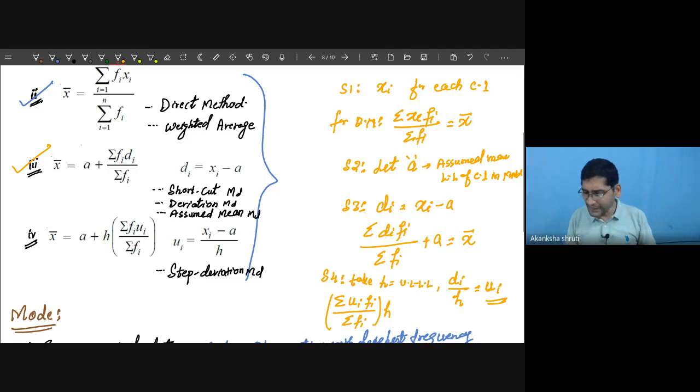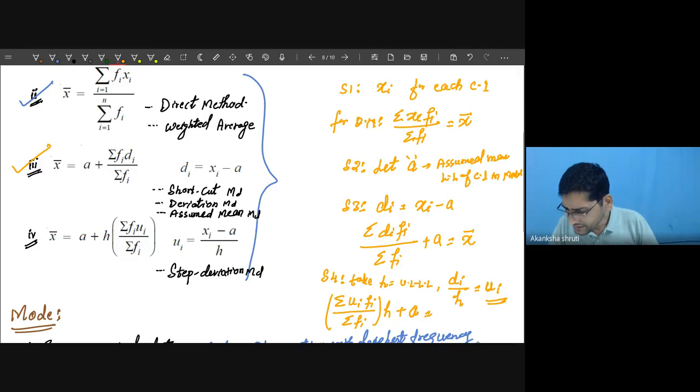So in this step deviation method, the assumed mean will be there, but now the correction factor, or the adjustment factor, is calculated by the summation of ui fi divided by the sum of fi, multiplied by h. This has to be added to our assumed mean, because di is coming into the picture only after the assumed mean.